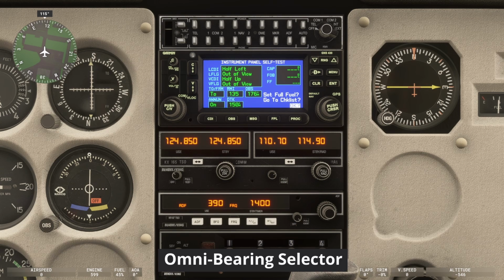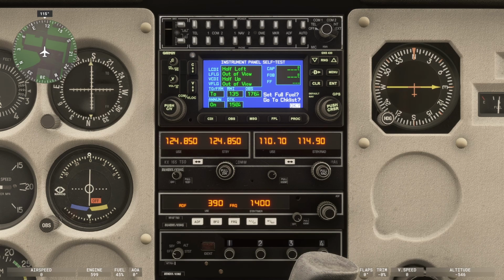Then we've got the OBS, which stands for Omni Bearing Selector, and this allows the pilot to manually select the desired course to or from the navigation system. For example, it's used to set the course on the CDI, the course deviation indicator, which we will cover a little bit later as well, or the HSI, which stands for the horizontal situation indicator, and is particularly useful for intercepting and tracking specific radials.